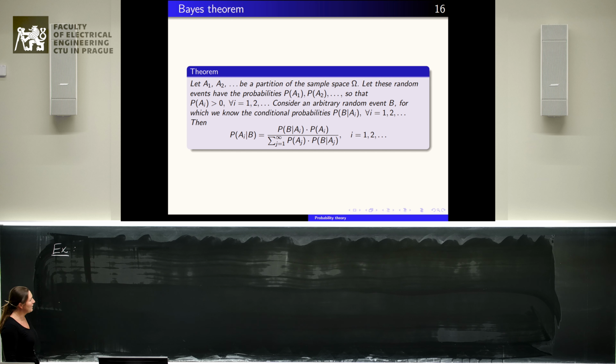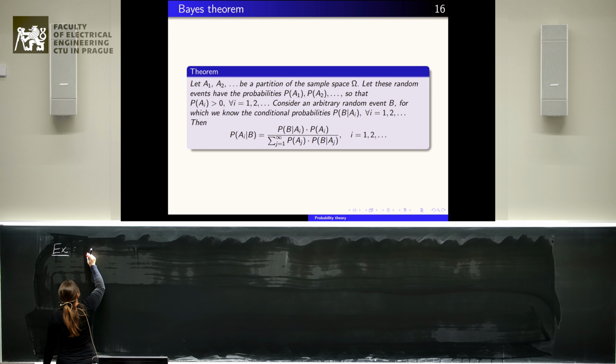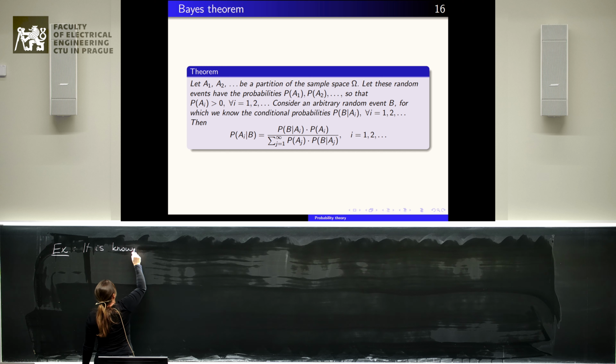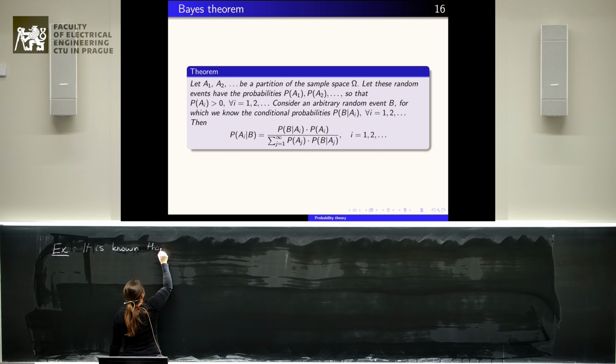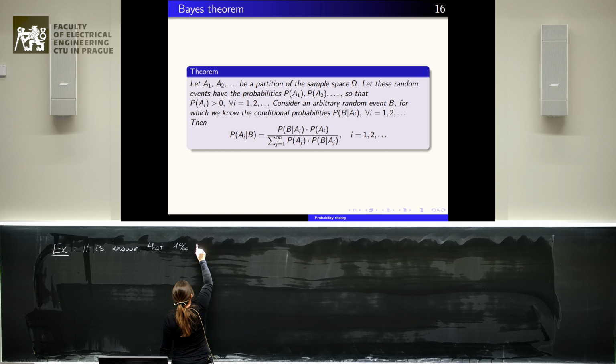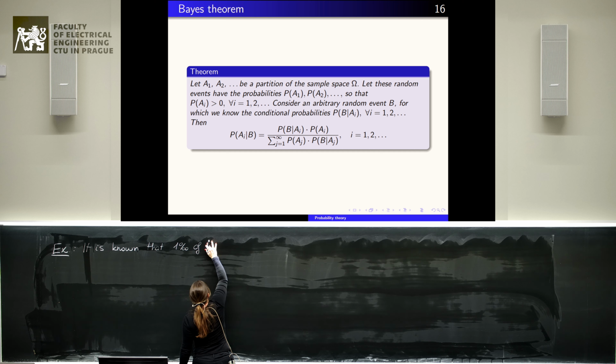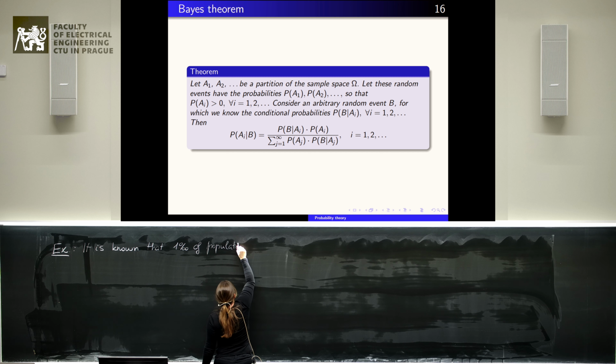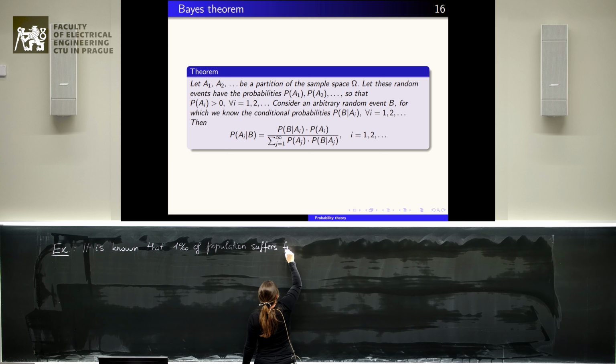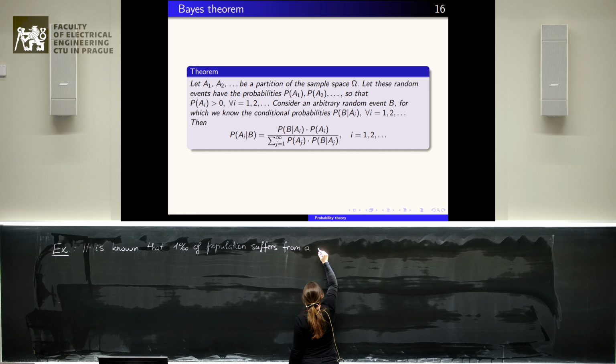It is a very actual example, as you will see, and it is an example from the medical environment. It is known that 1 per mille of the population suffers from a disease.